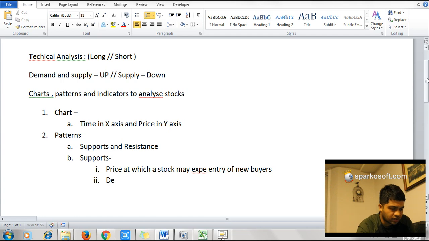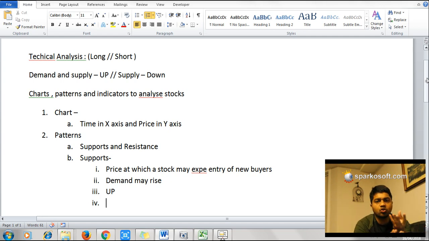So demand may rise and the stock might go up. Stock supports are prices at which it is expected that new buyers may enter the stock, and if new buyers are entering, the price may go up because the demand is rising.